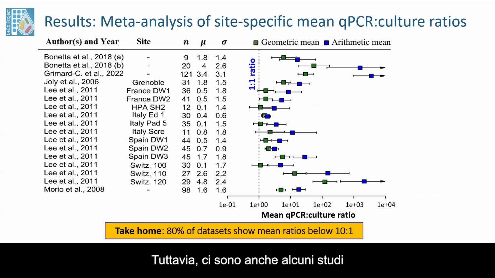However, there's also a few studies, particularly when we're considering the arithmetic mean, that show much higher ratios. These high ratios are driven by occasional very high ratios where gene copies are much higher than viable bacteria.